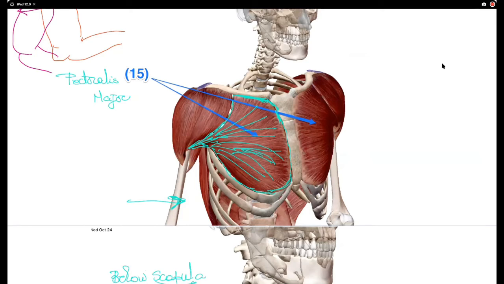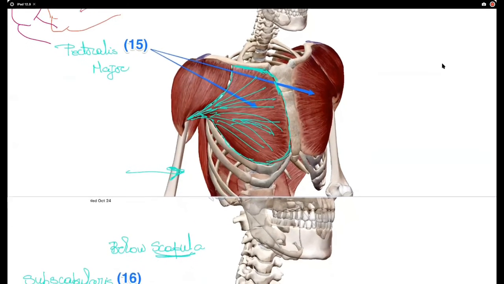The pectoralis major is going to be pulling the arm to move towards the body, towards the midline. So it allows adduction of the arm. At the same time, it's going to be pulling the arm forwards, allowing the flexion of the arm and the shoulder.